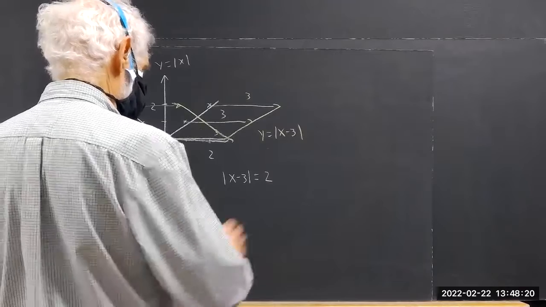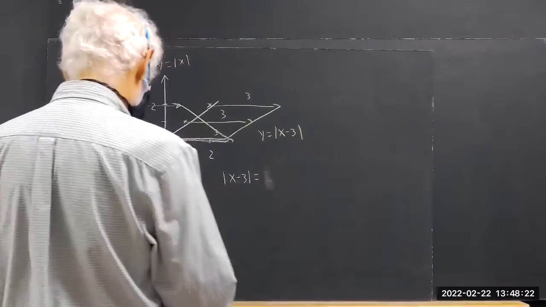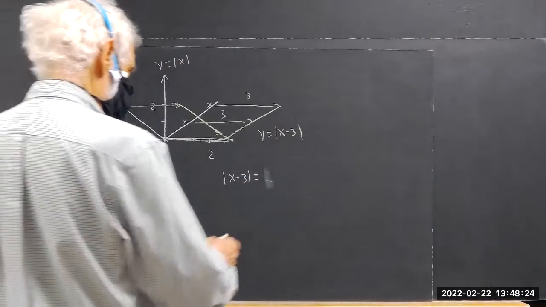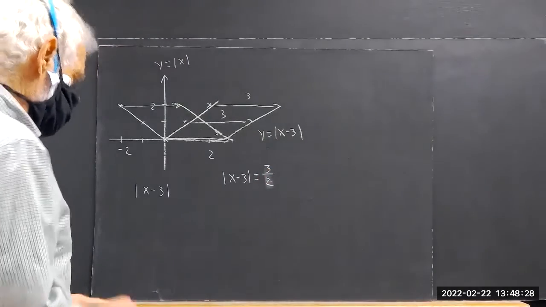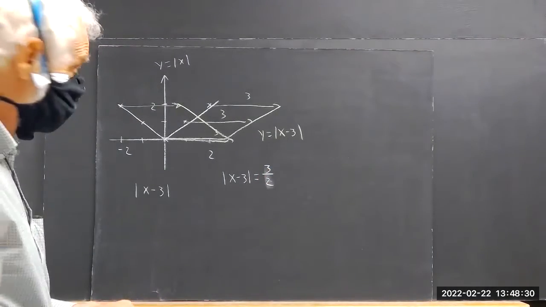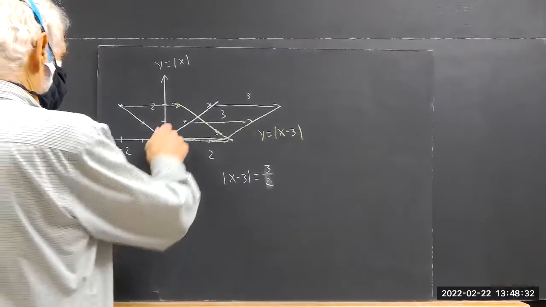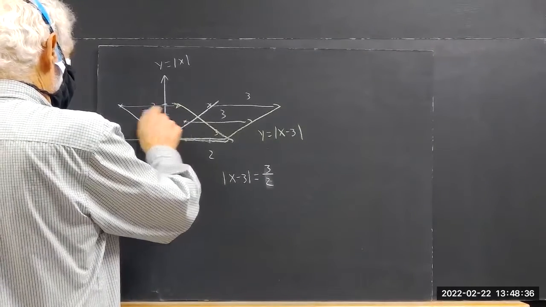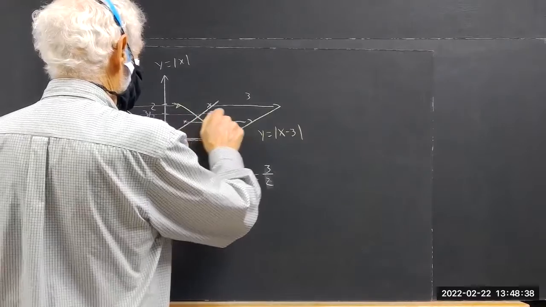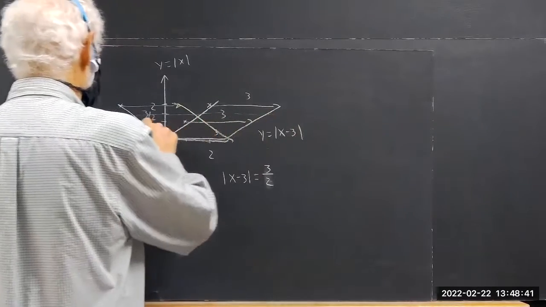I want to change this number. The absolute value of x minus 3 equals 3/2. Okay, well, this is 1, this is 2, here's 3/2, and here's the line for y equals 3/2.